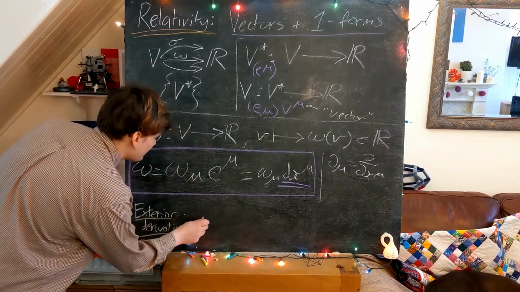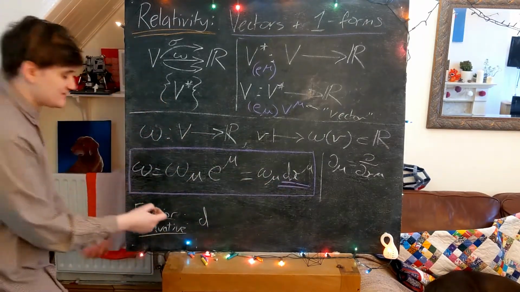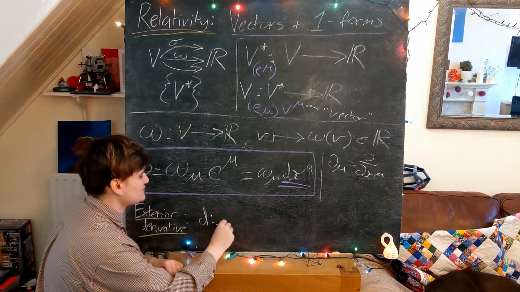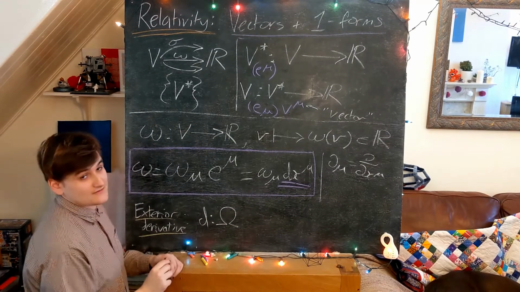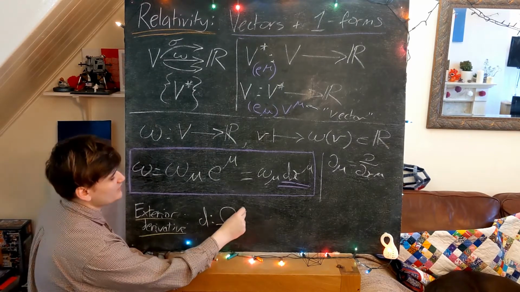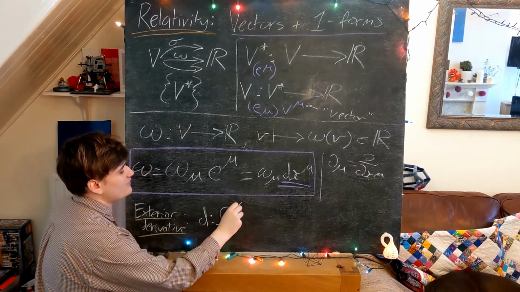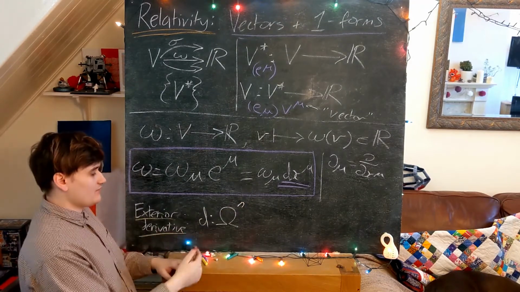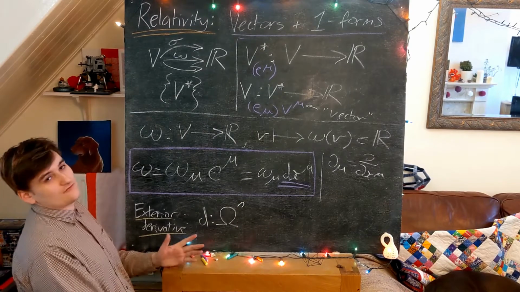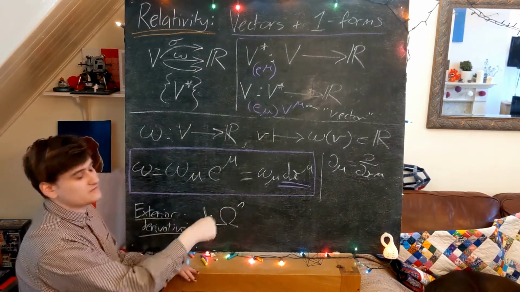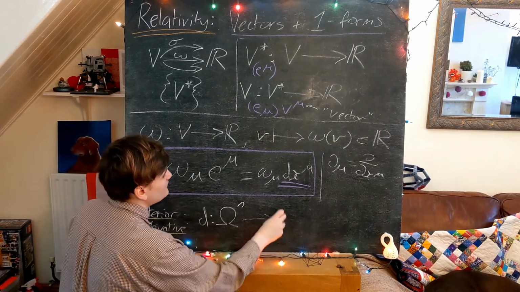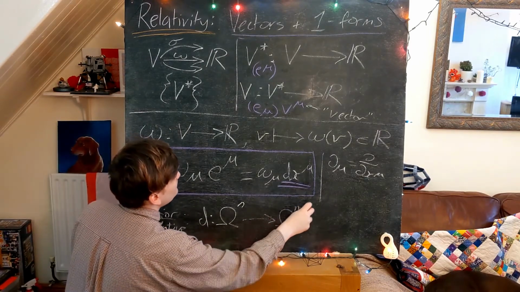Taking the exterior derivative of, and now this is just some notation, we usually denote the space of forms using an omega, and then we have a number up here that represents the rank, whether it's a one form or a zero form, and so on. So the exterior derivative takes an n form to an n plus one form.